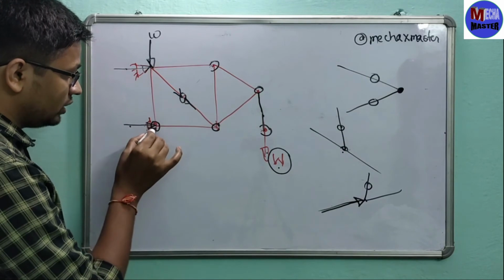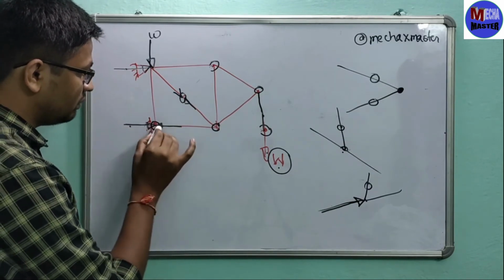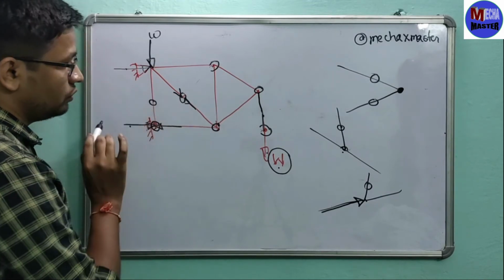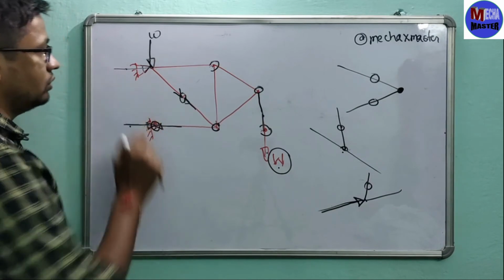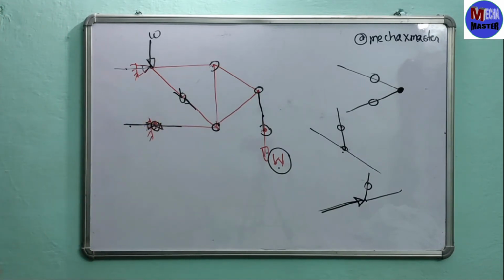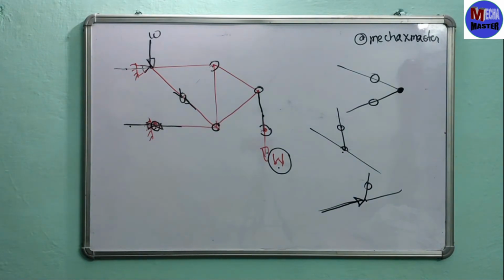Look at this joint, that this force is collinear with this member, so this third member will be a zero force member. Now you have completed the zero force members, and the final truss will be this, and you have to solve the question for this truss.